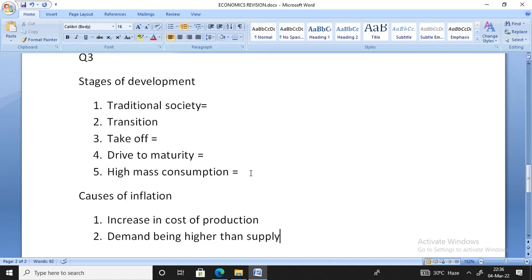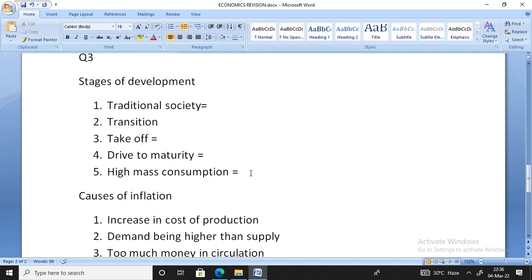Inflation has gone up because of the demand. Number 3 is too much money in circulation. When an economy has too much money in circulation, and that can be caused by lower interest rates, it will cause inflation. It will cause prices of goods and services to go up. So those are the 3 major causes of inflation.